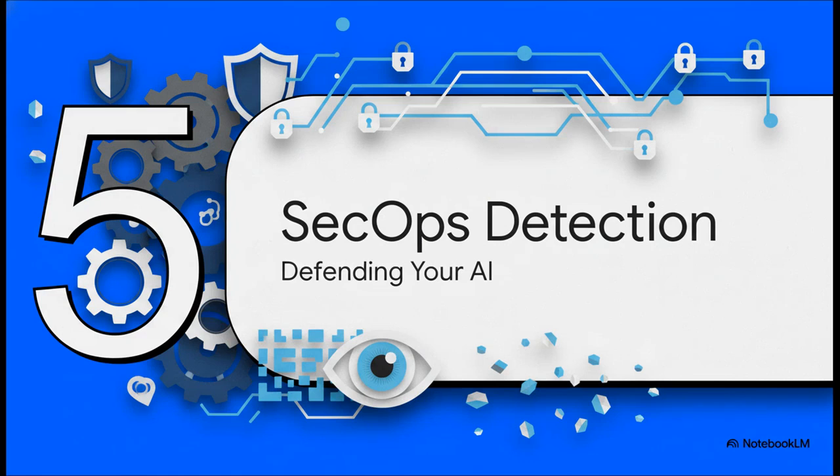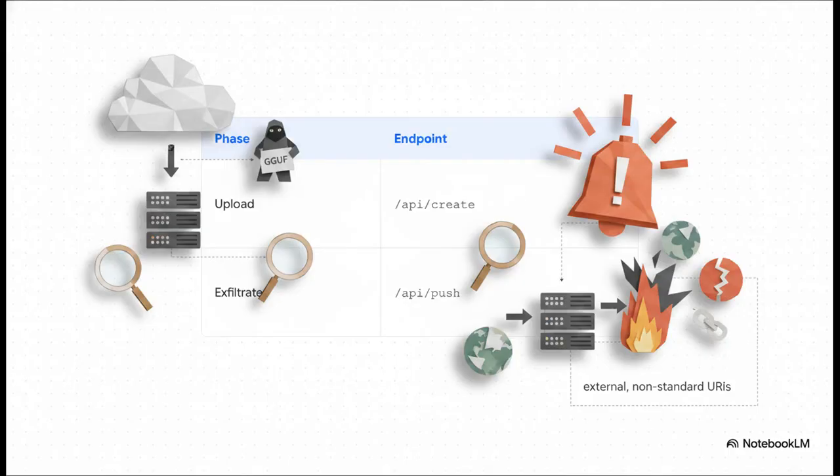Which brings us to Section 5, SecOps, Detection, and Defense. Because this attack relies on those specific API endpoints, your monitoring strategy needs to be absolutely razor-sharp. First up, you need to catch the infiltration phase. Do this by actively monitoring the /api/create endpoint for abnormal model creation. Specifically, look out for models being built from unexpected files rather than standard registry pulls.